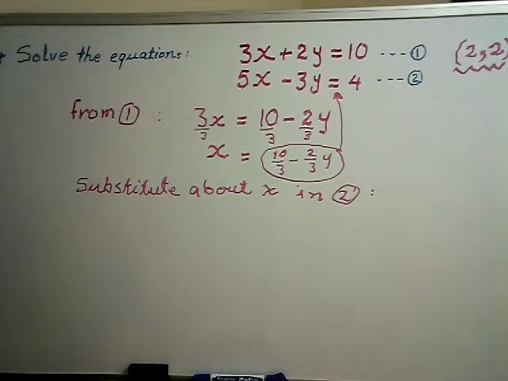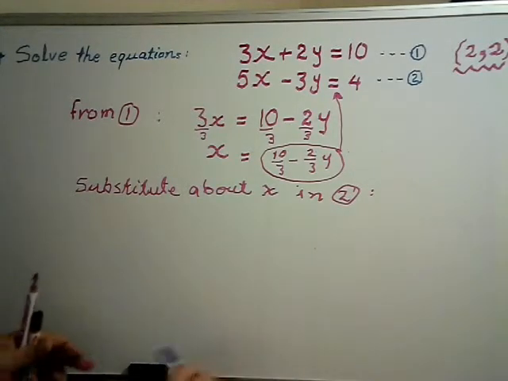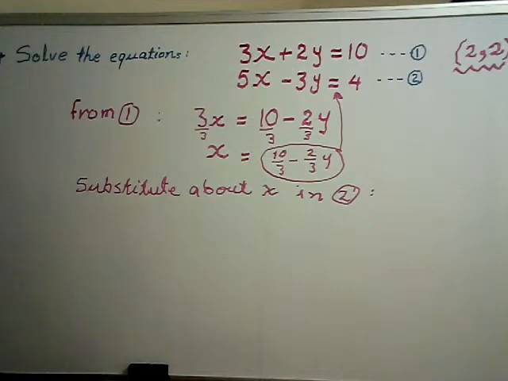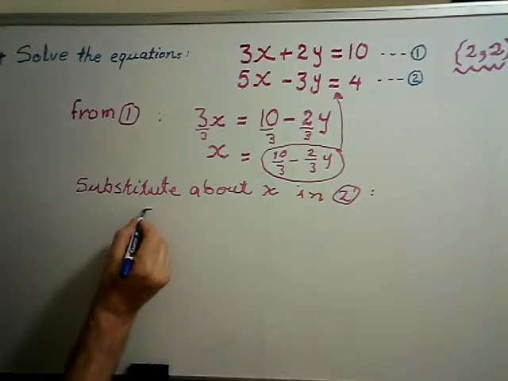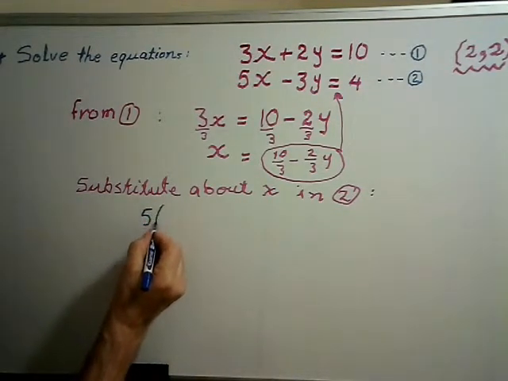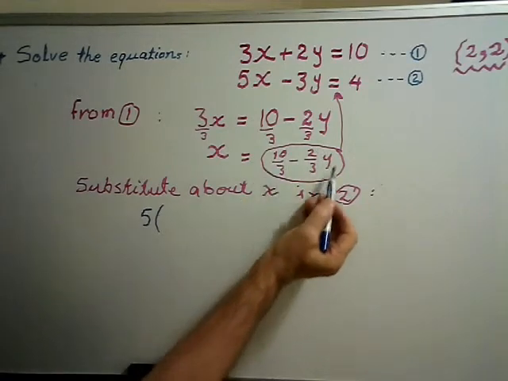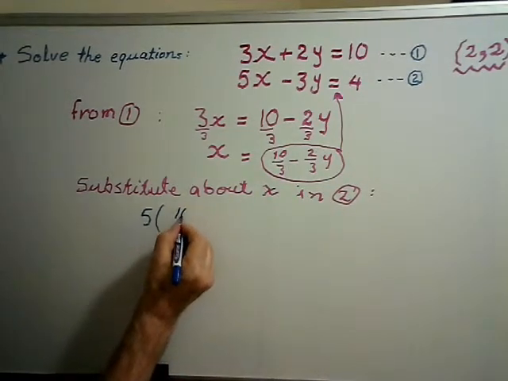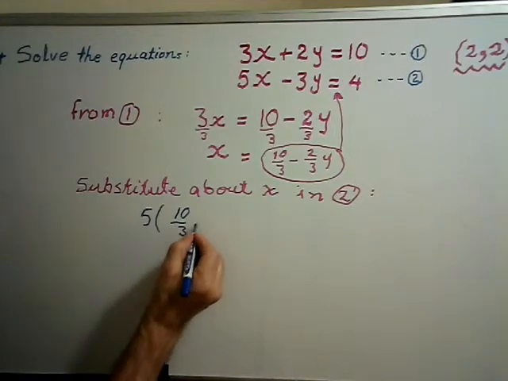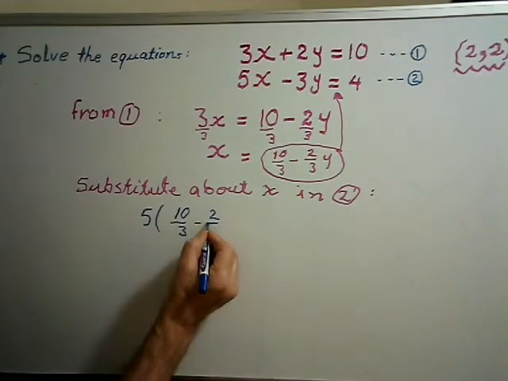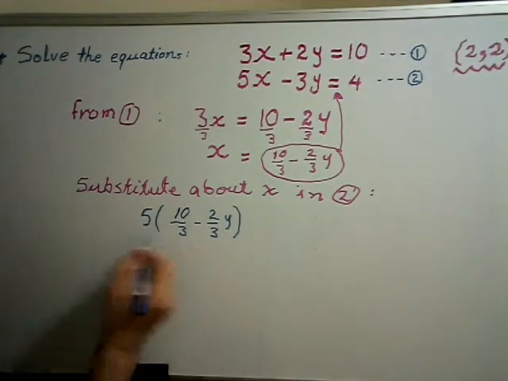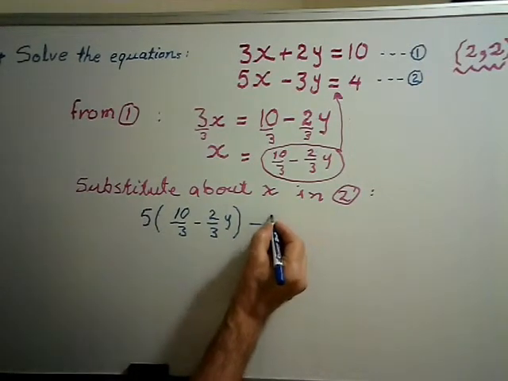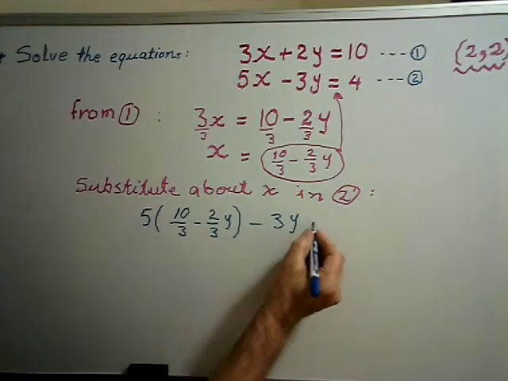What we will get here is 5x, and then instead of x we will write this value, which is 10 over 3 minus 2 over 3y. This is the value of x here, minus 3y is equal to 4.